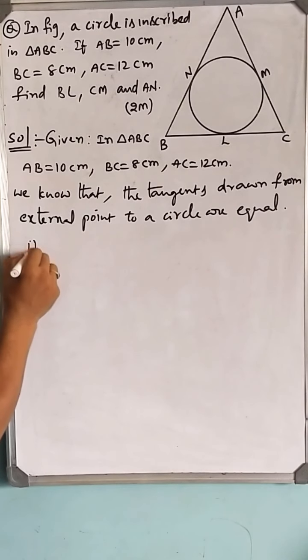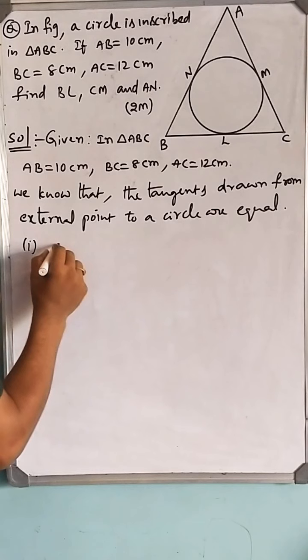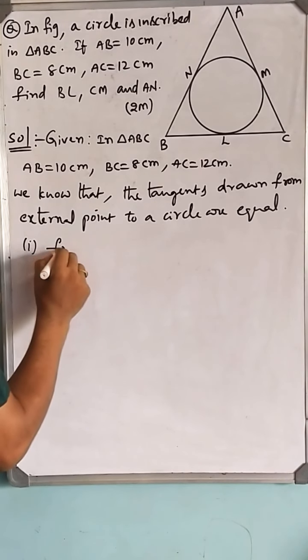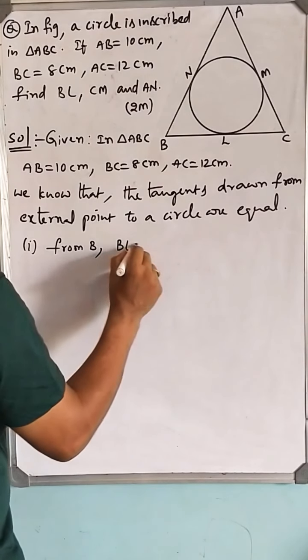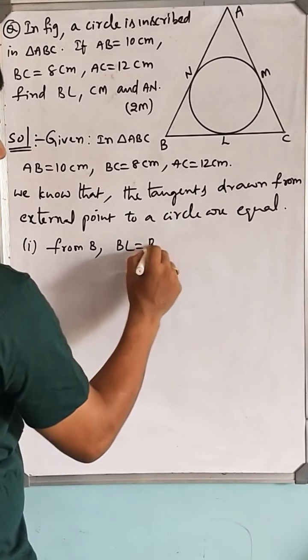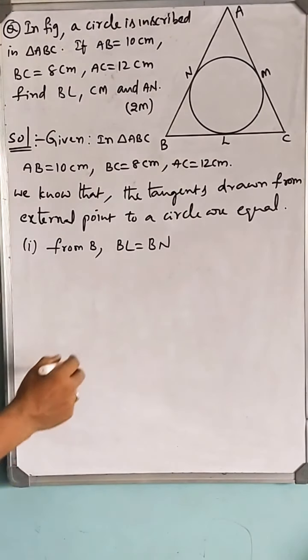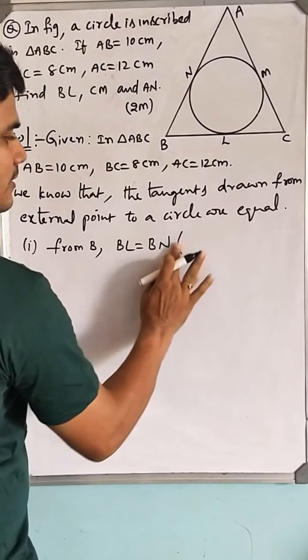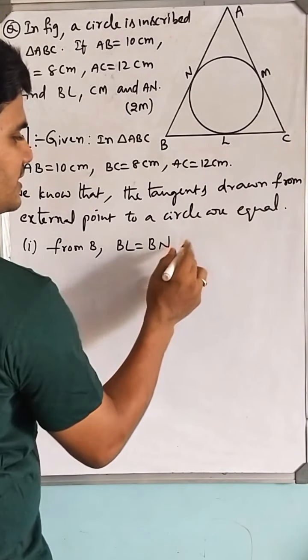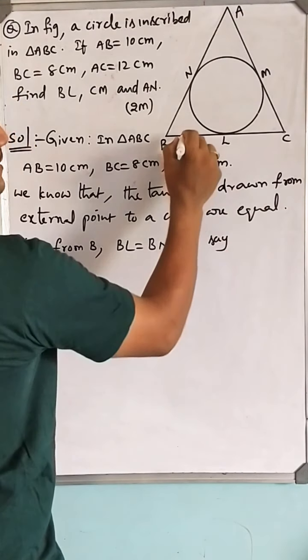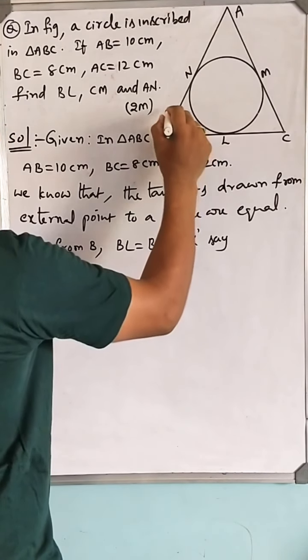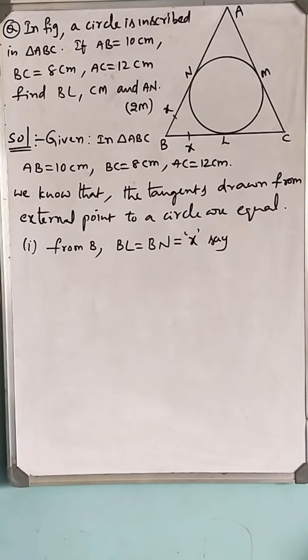Now number 1, from B, BL is equal to BN. For our convenience, let us take these lengths as some x. These two are equal, let it be some x.